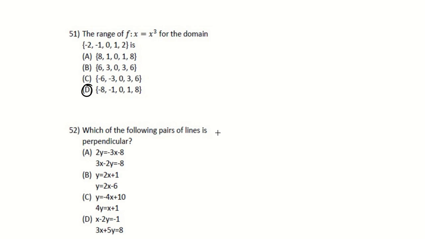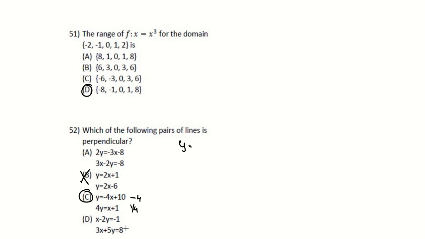Right, which of the following pair of lines is perpendicular, meaning when you multiply the gradients, it will not be this because the gradients are the same. Right, let's look at this one. Let's look at C. The gradient of this line is minus 4, and the gradient of this line is a quarter. 4 by a quarter is negative 1.